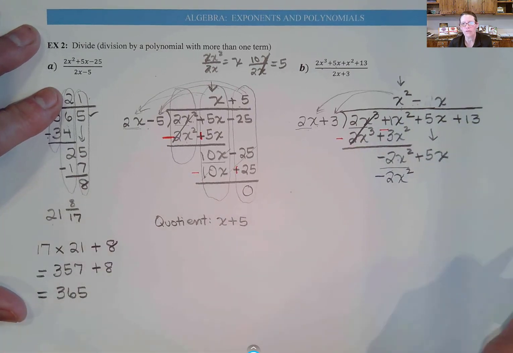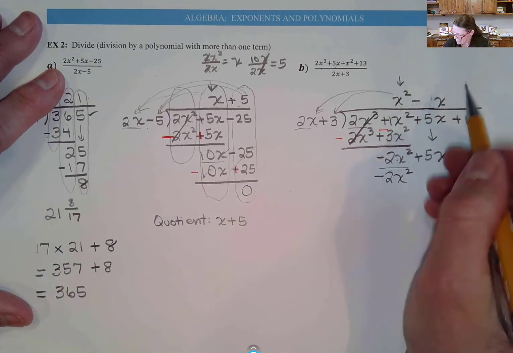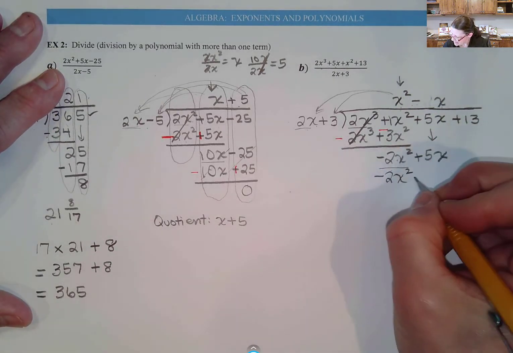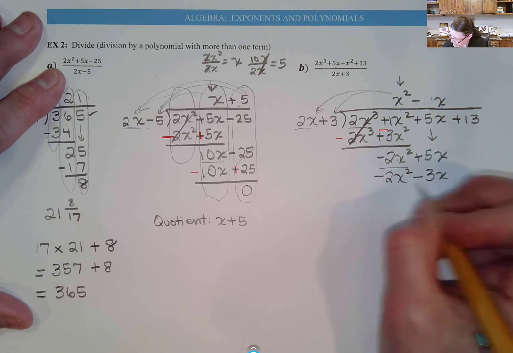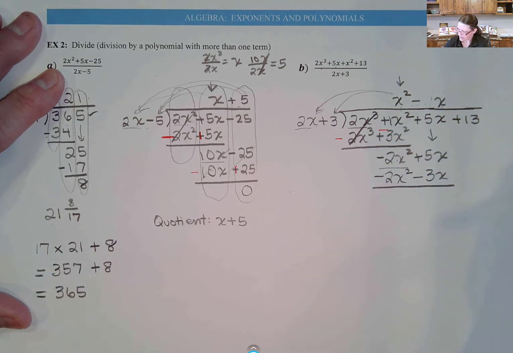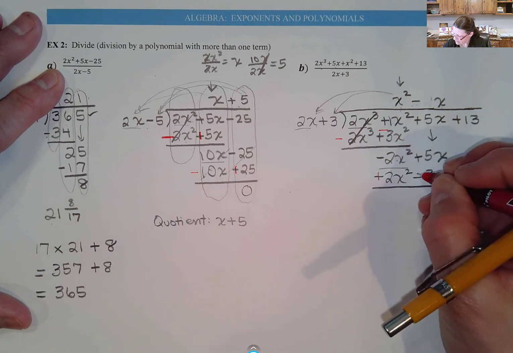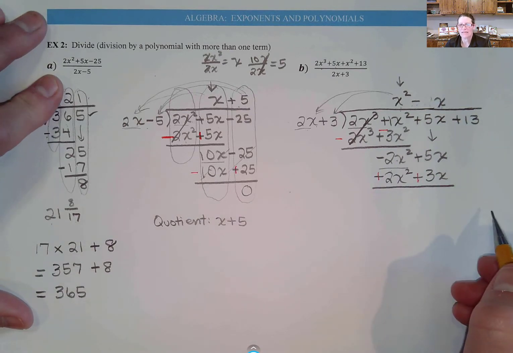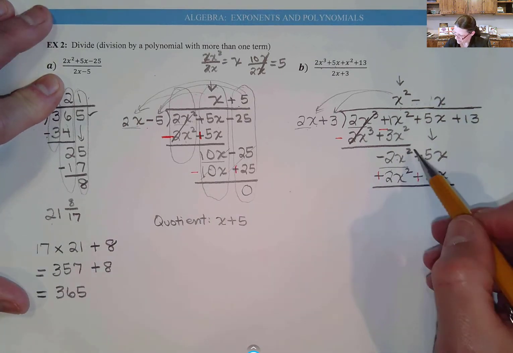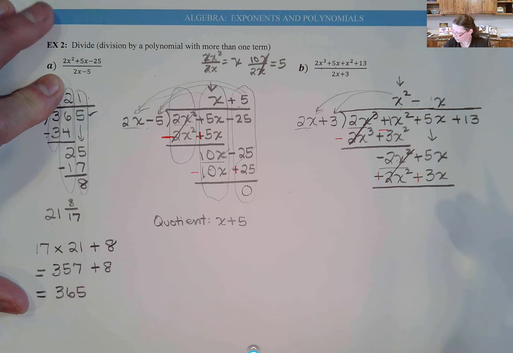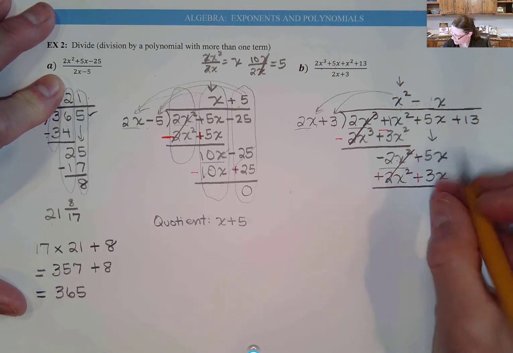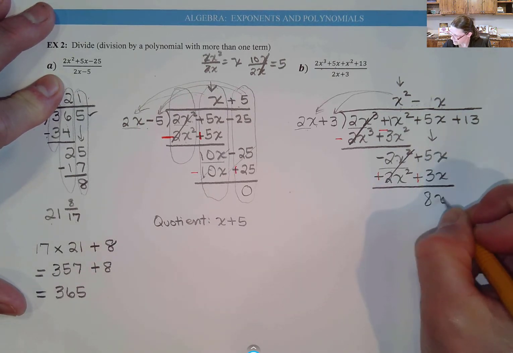All right, just be careful on your signs, all right? Negative x times 3 is negative 3x. And we're going to subtract. Okay, minus a negative is a plus. All right, so these cancel out, so I think we're on the right track. 5x plus 3x is 8x.